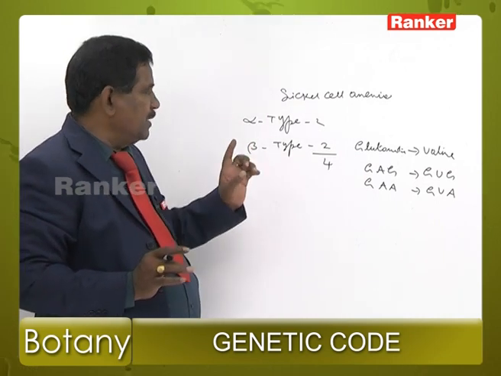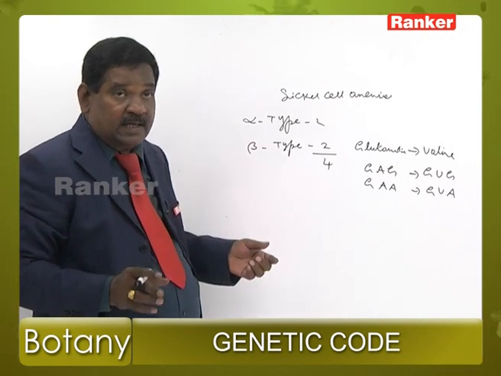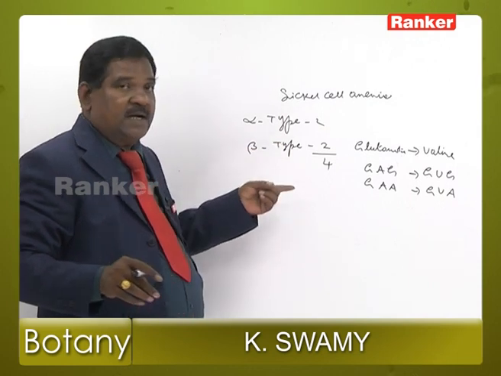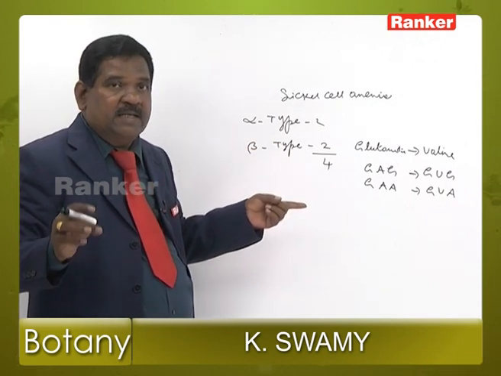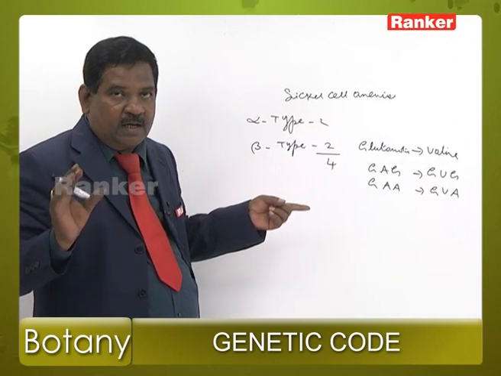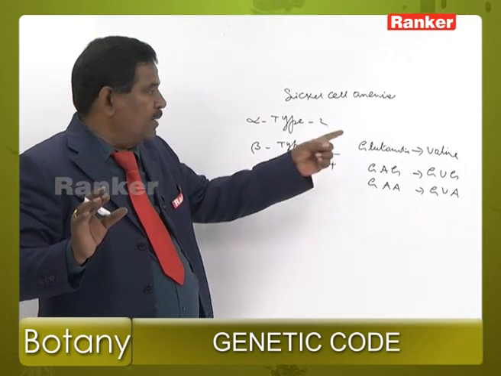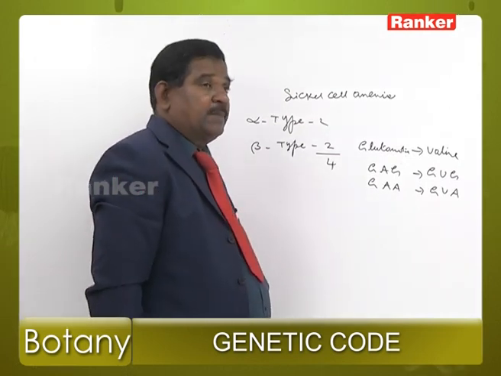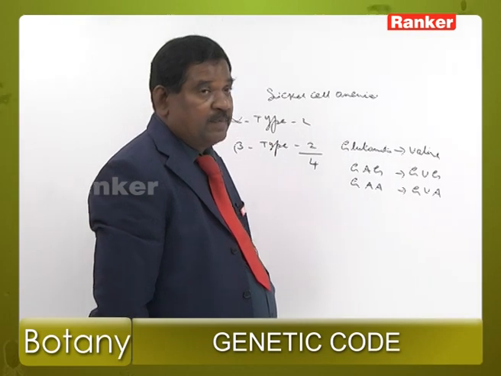The RBC becomes sickle shaped, because of a change in the hemoglobin, especially the beta type polypeptide chain sequence, the beta globin. Glutamate changes into valine. Such types of mutations, frame shift mutations.